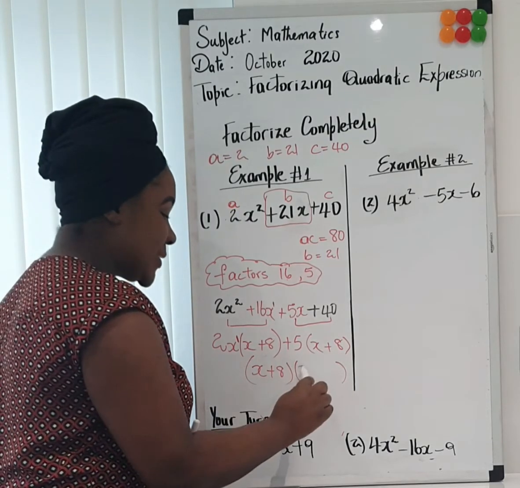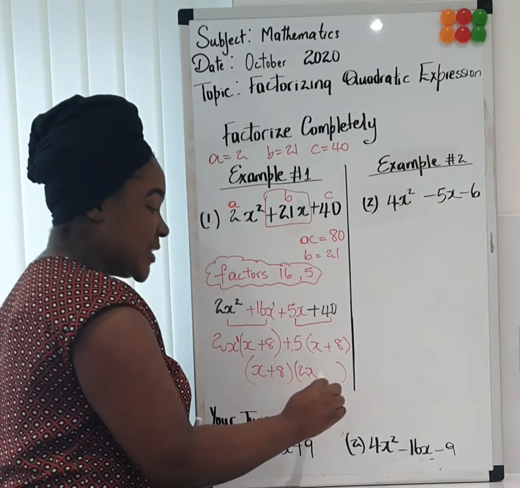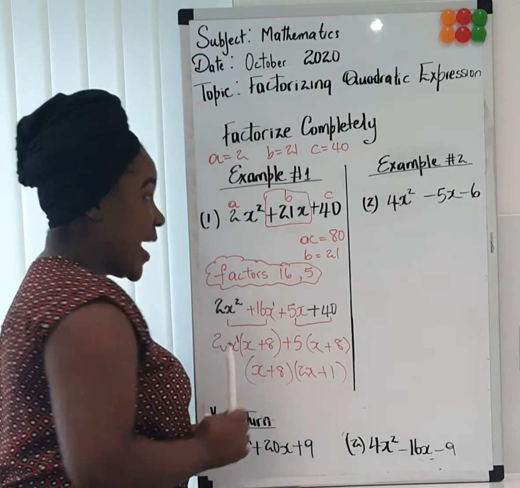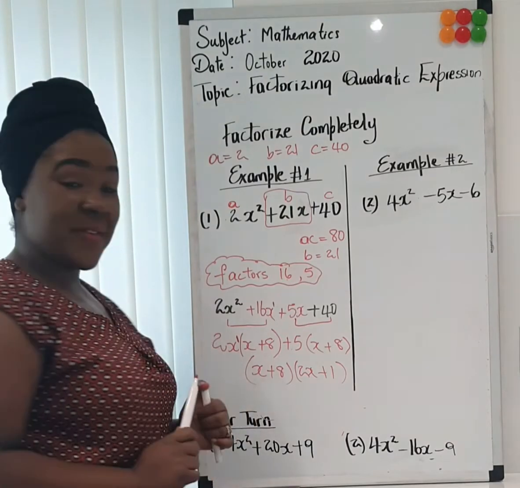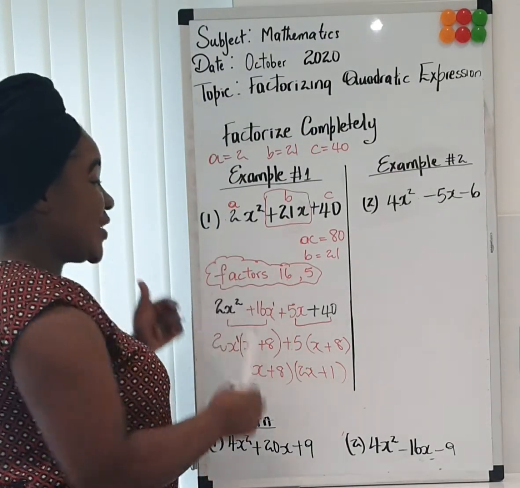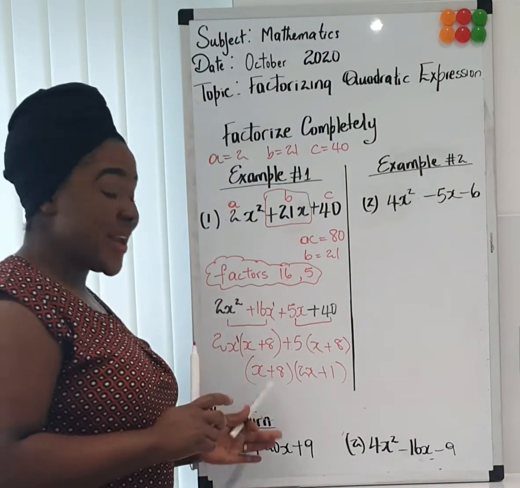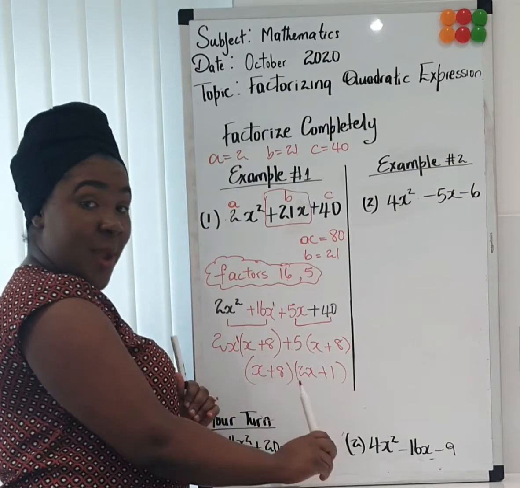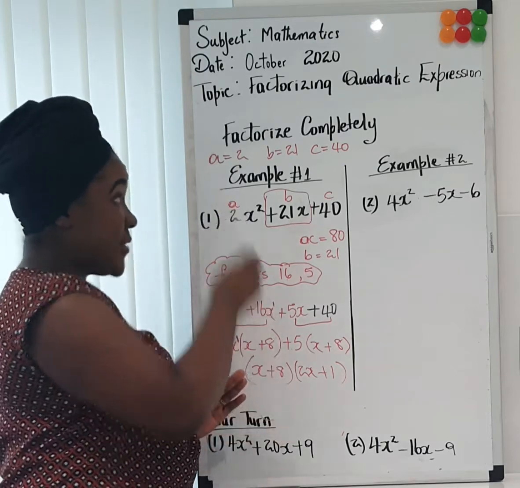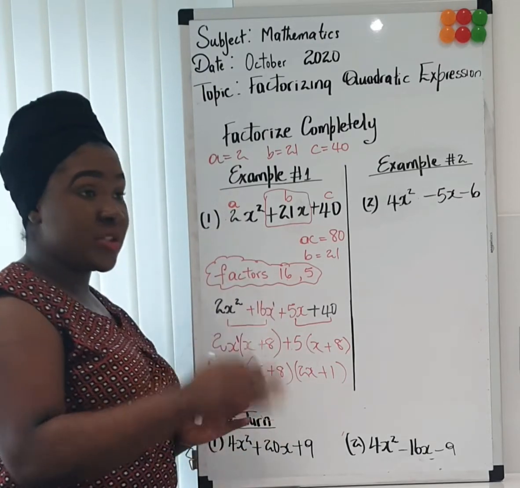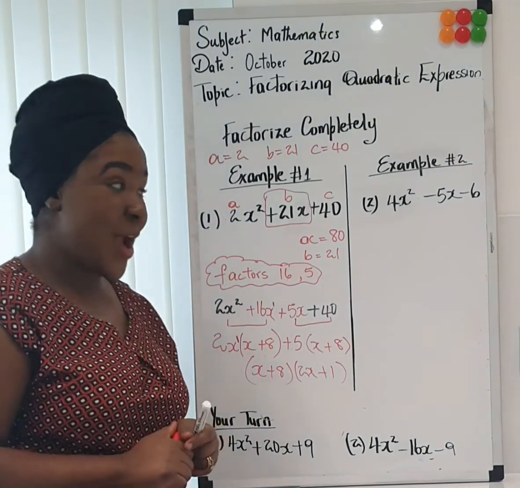So it's 2x, and here is plus 1. And that's it. There goes the factorization. This is basically the opposite of expanding brackets. If you expand these brackets, your answer is supposed to be this, right? So factorization is the opposite of expanding brackets.